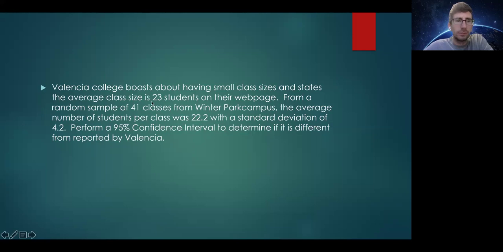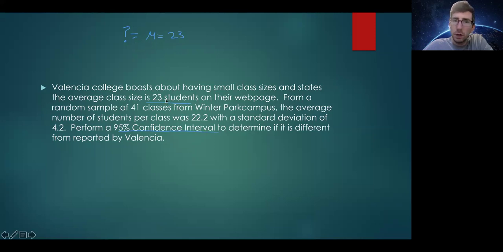All right, so some context. The Valencia website claims that their population average is equal to 23, right? And the problem wants us to calculate a 95% confidence interval to see if this is true.